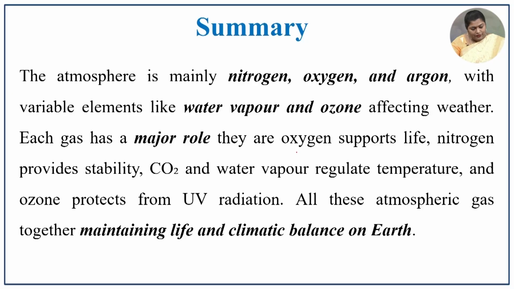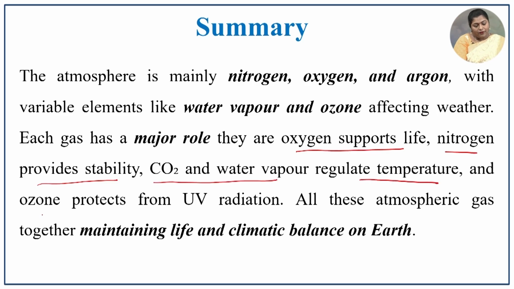Each gas has its own uniqueness and plays a vital role: oxygen supports life, nitrogen provides stability, carbon dioxide and water vapor regulate the temperature, and ozone protects from ultraviolet radiation. All these atmospheric gases together maintain life forms and the climatic balance on the earth's surface.